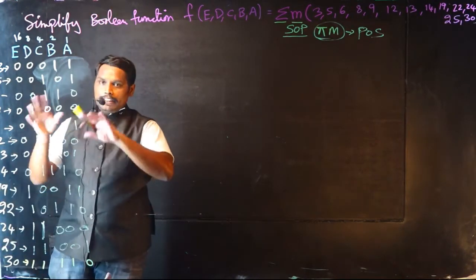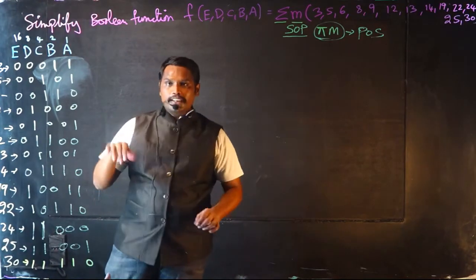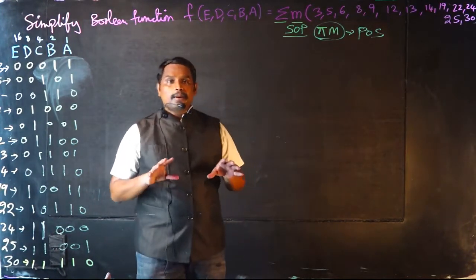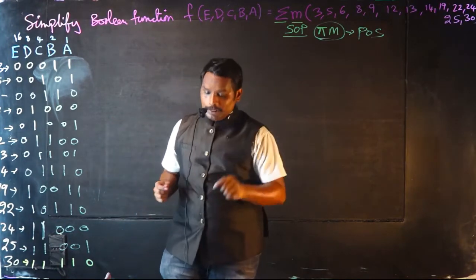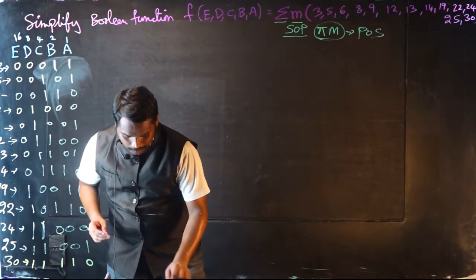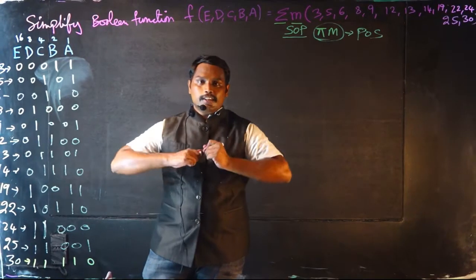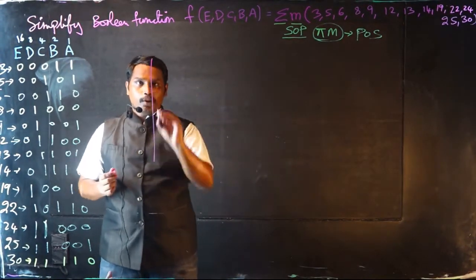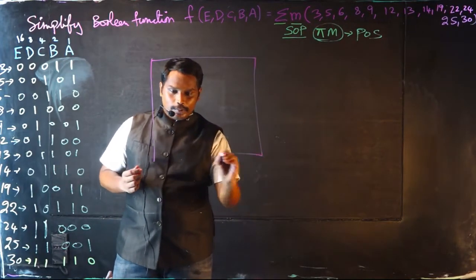Now you have generated a binary representation for all the min terms. And for these min terms, since it is SOP, you are going to plot a 5 variable Karnaugh map, plotting all ones for the min terms, right? So now I'm going to have a 5 variable Karnaugh map. First I'm drawing a 4 variable Karnaugh map.